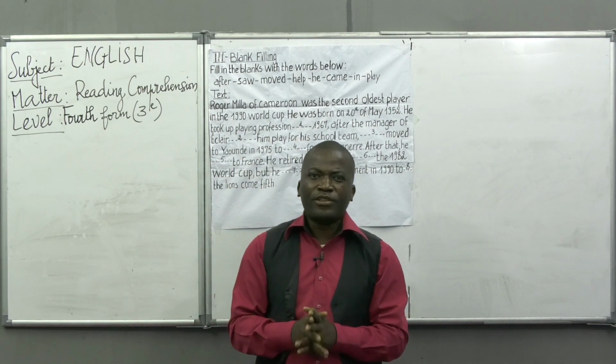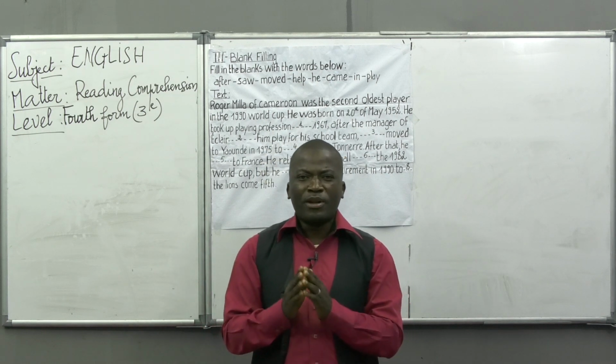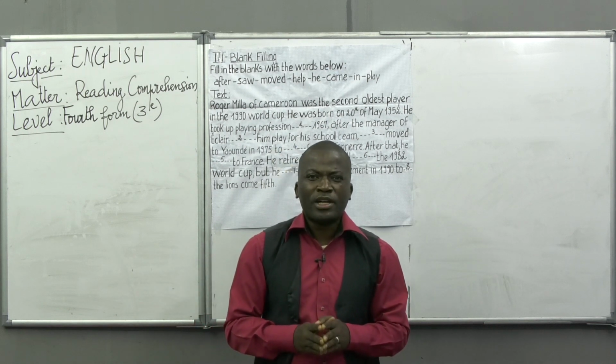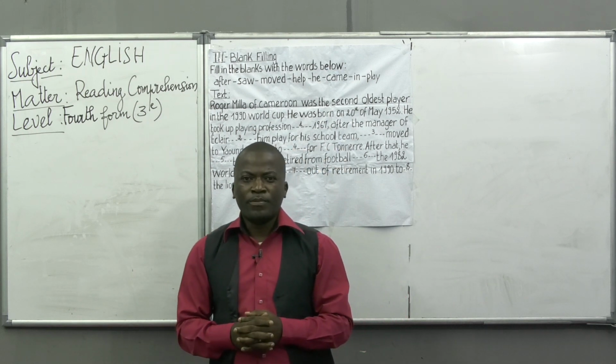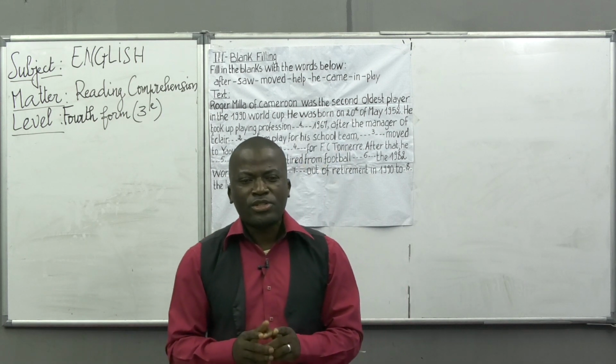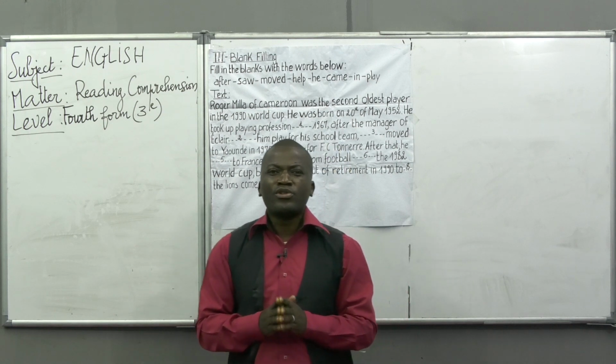By the end of this lesson, class, you should be able to deal with a blank filling exercise correctly and a biography guided writing correctly. Good. Now, the lesson I'm teaching today is concerning the fourth form of the junior secondary school.